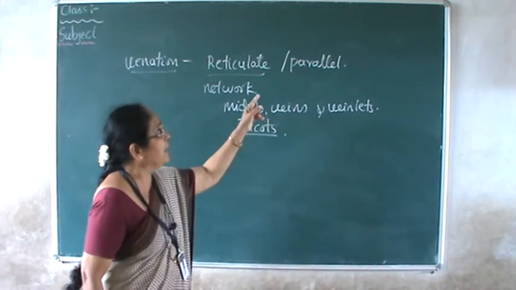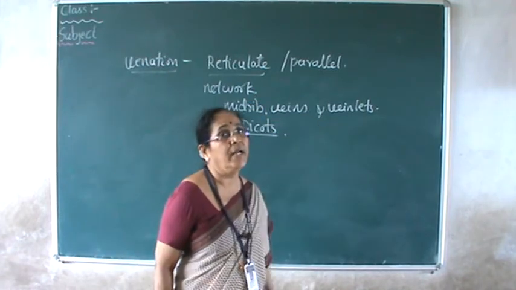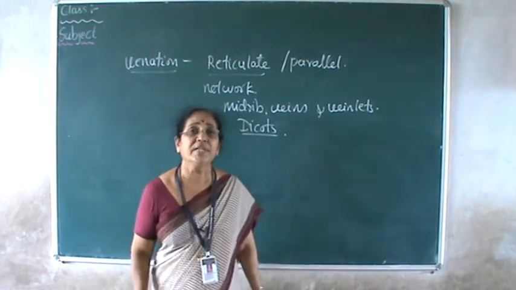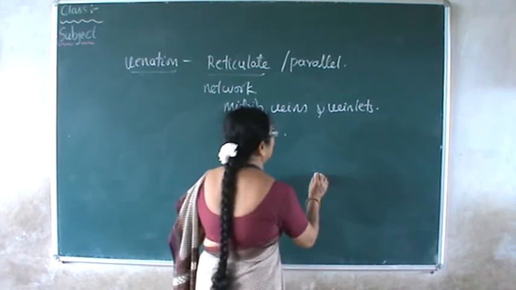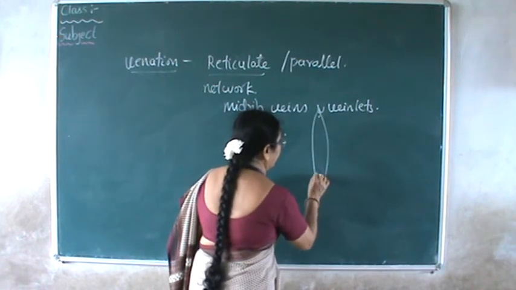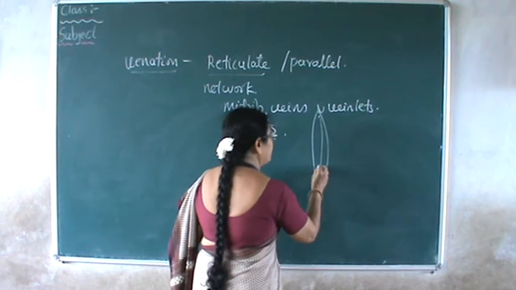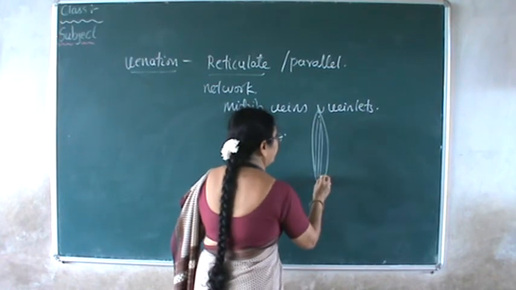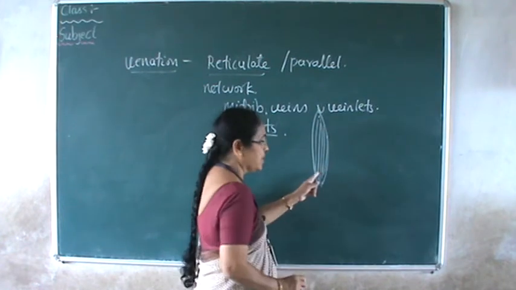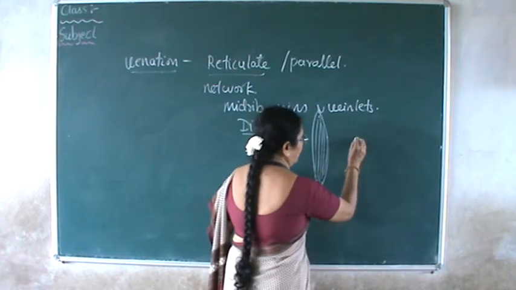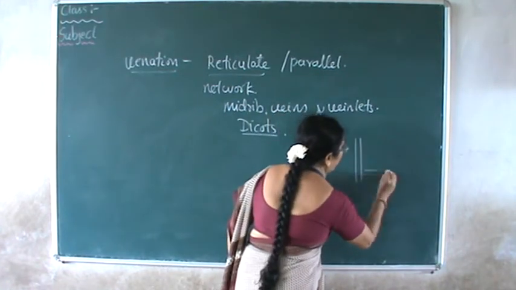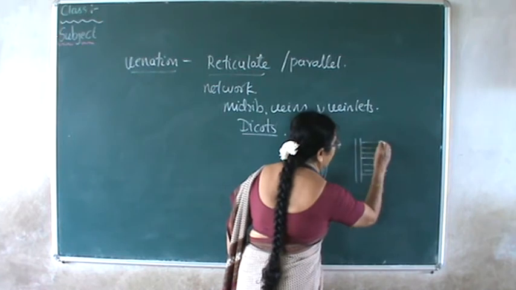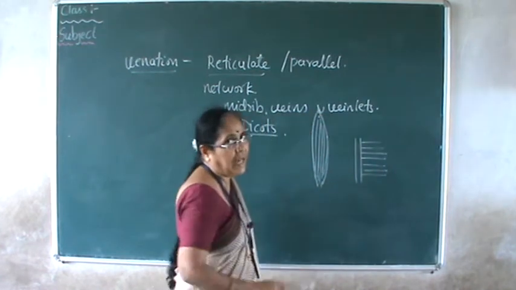If it is parallel, you can make it out in the case of banana. It is parallel venation, and all monocots are examples of parallel venation. If the veins run parallel to each other, that is also venation, the parallel venation. In the case of banana, we get veins at right angles to the midrib, which run parallel to each other.